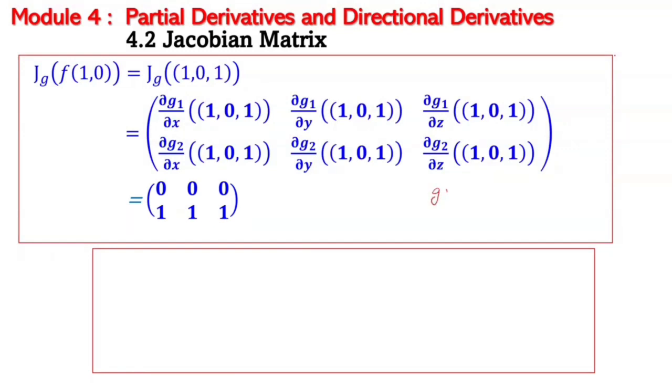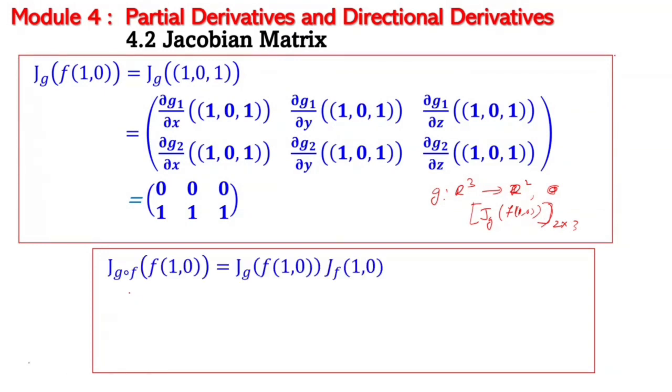Again we recall g is from R3 to R2. So the matrix Jacobian g, whatever the point it is, in this case f(1,0), this will be 2 by 3. Finally we have the answer here.